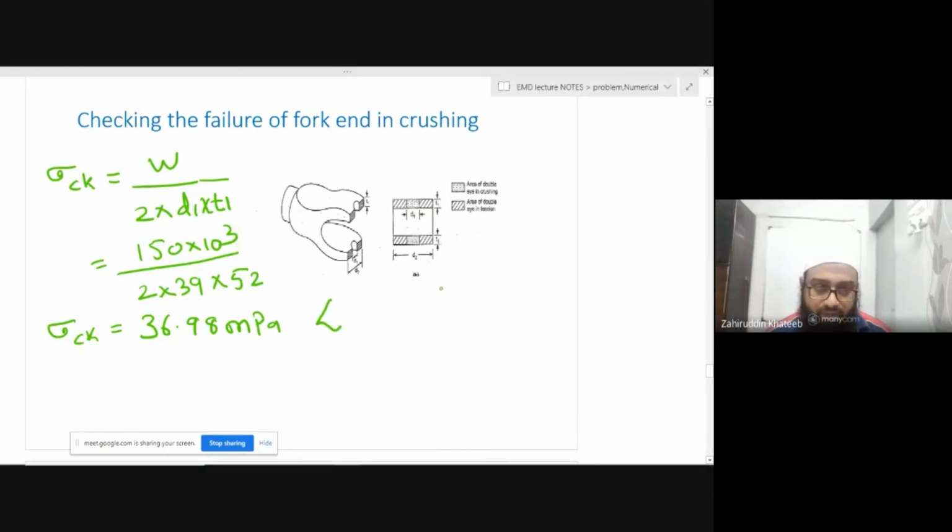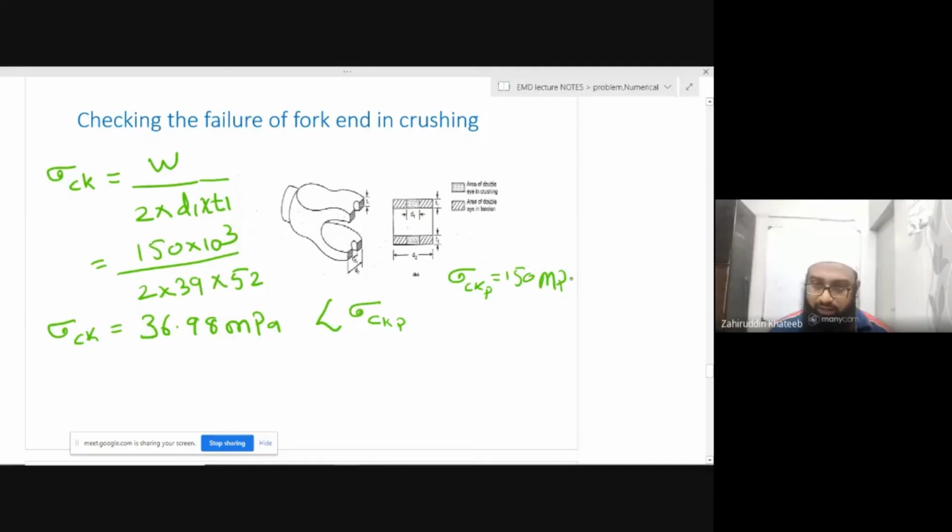Sigma ck permissible is 150 MPa, which is given in the question. So again, design is safe. You can also write this small statement, design is safe.